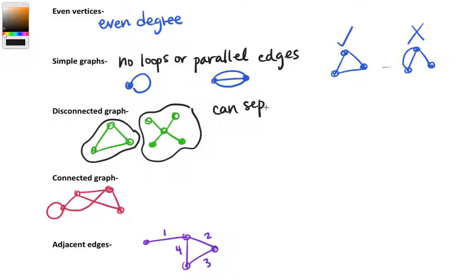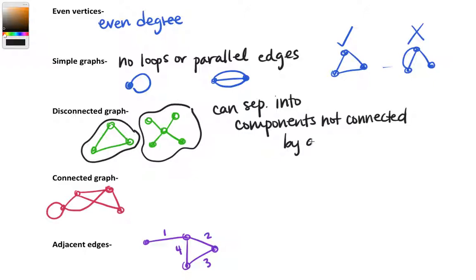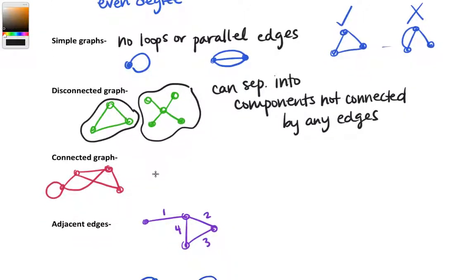We can separate it into what we call components that are not connected by any edges. And a connected graph, we can't do that. So we see in this graph here, there's no way to redraw it so that there's a piece separated off.